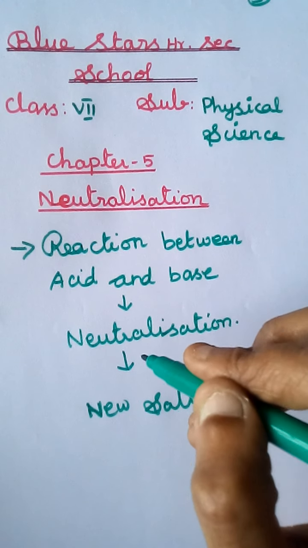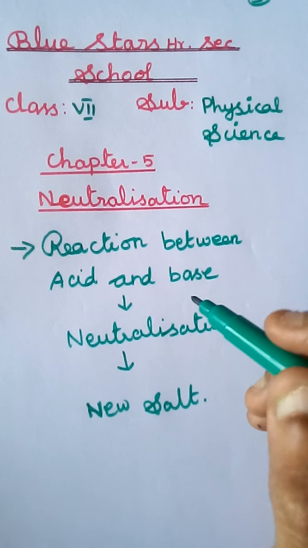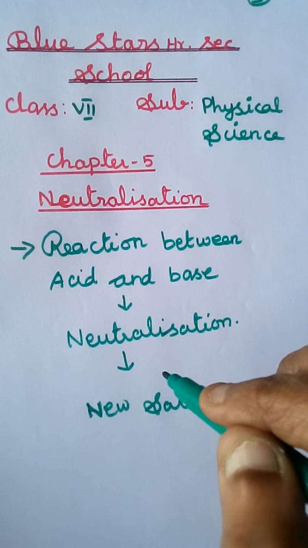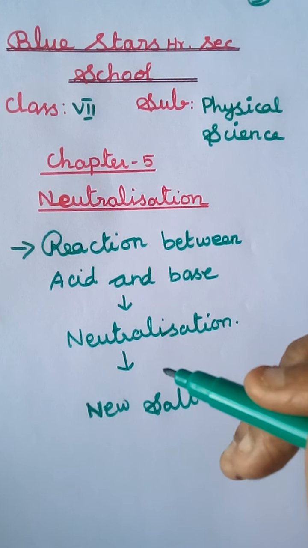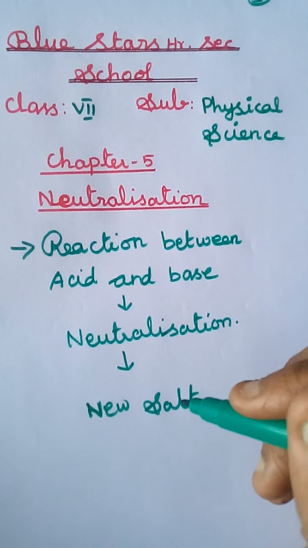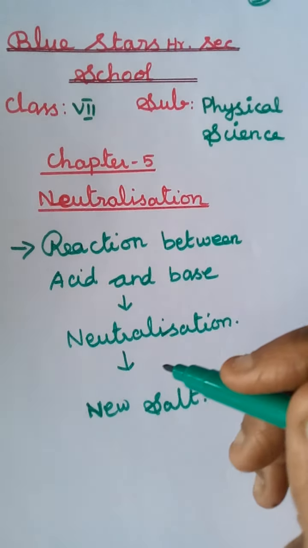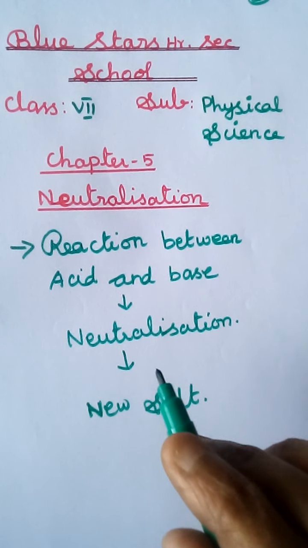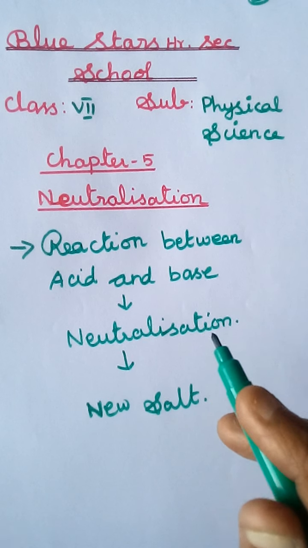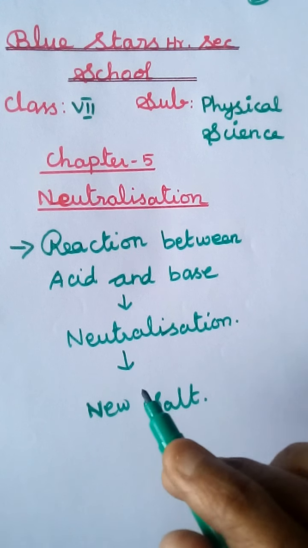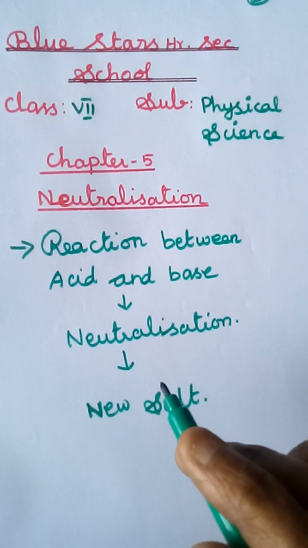The salt formed may be acidic, basic or neutral in nature. We already learned that acid turns blue litmus to red and bases turn red litmus to blue. Then what indicators are used in neutralization reactions?